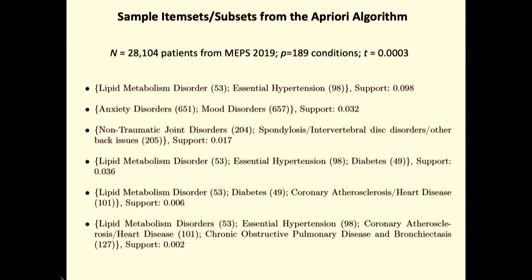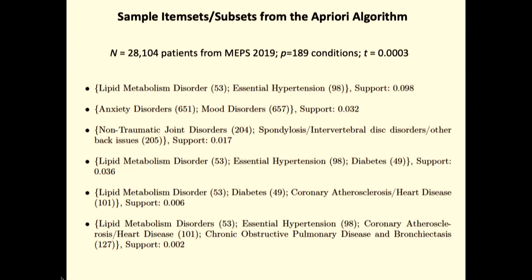So here's a sampling of item sets. Again, these are disease subsets. Previously, I showed you combinations, which is the whole thing. These are subsets or item sets. So once again, cholesterol and essential hypertension, which is basically high blood pressure, are the two most common pair. In fact, the support is 0.098. That suggests that about 10% of the population has this pair.